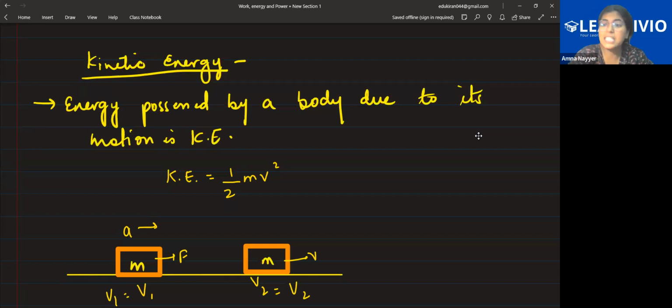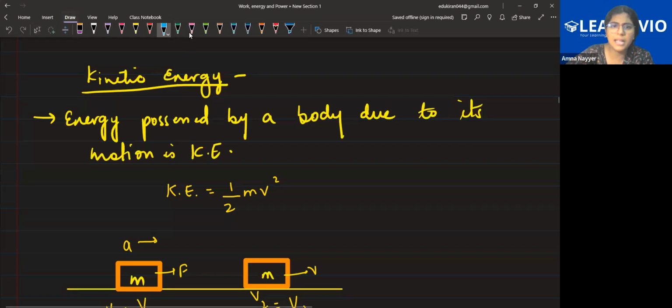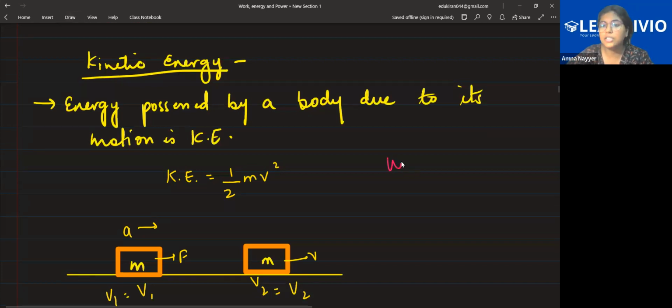This change in the work done gets stored in the form of energy, where we have this concept and a very, very important theorem, which we call the work energy theorem.